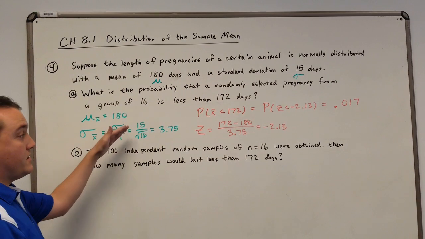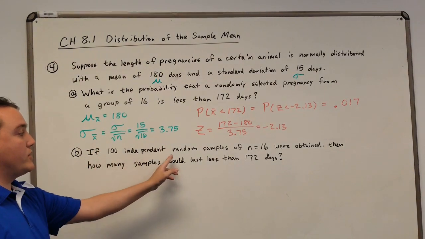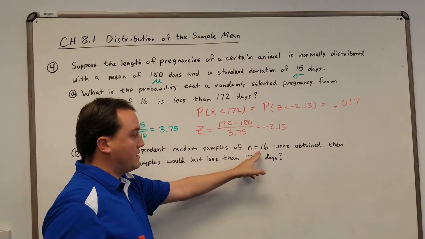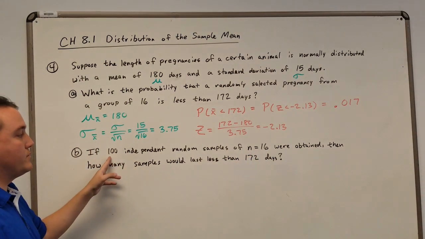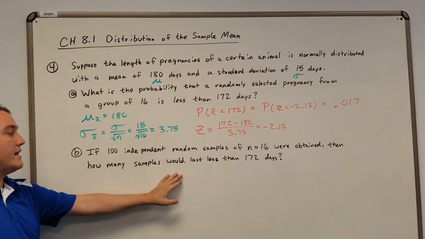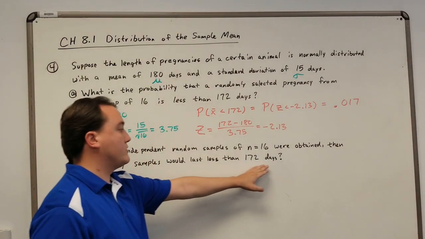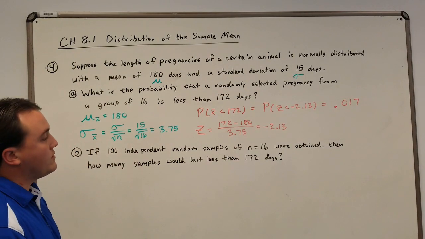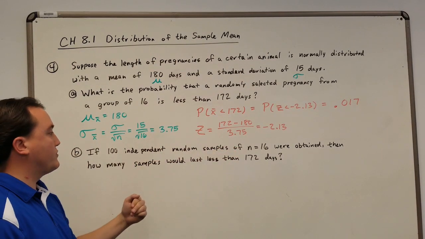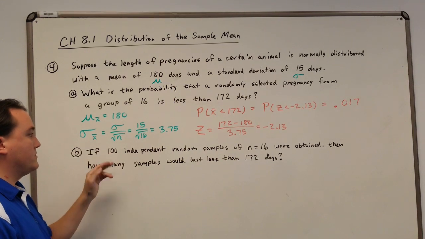Next question depends on this problem. If 100 independent random samples of n equals 16, so we did 16 people 100 times, were obtained, then how many samples would last less than 172 days? So it's the same problem, but really they just want us to take that number and convert it to a percentage because it's out of 100, okay?